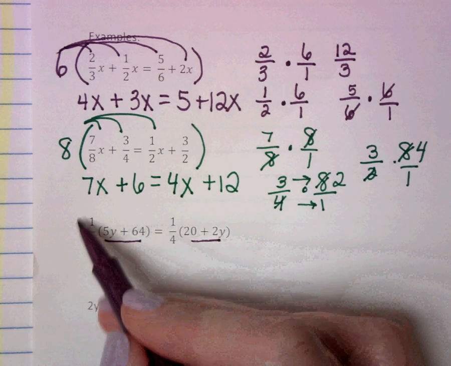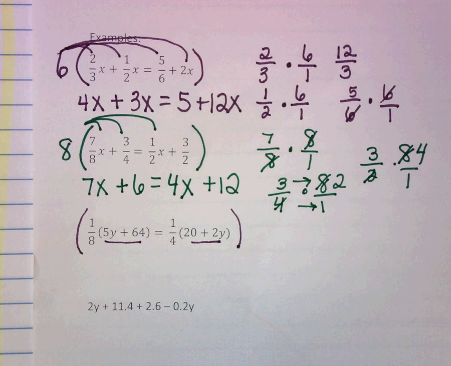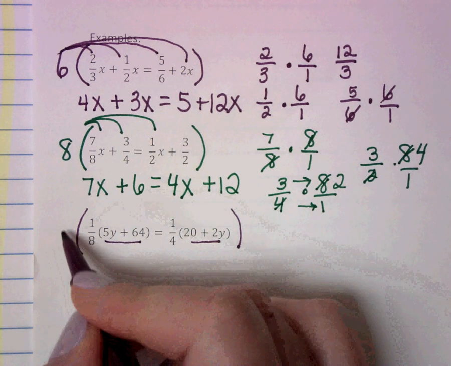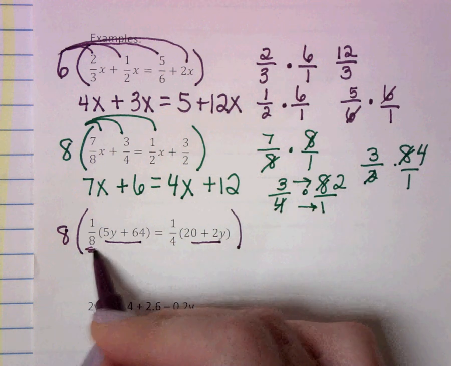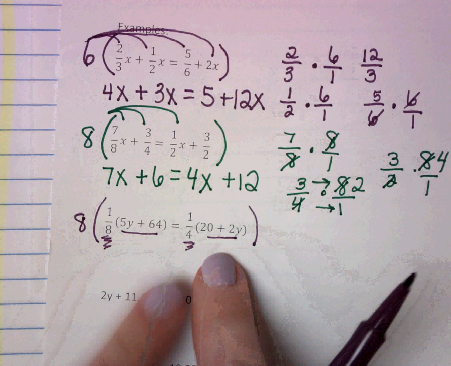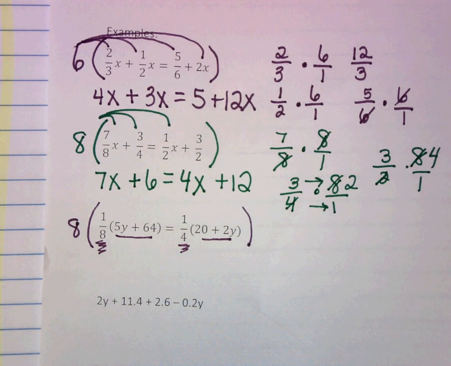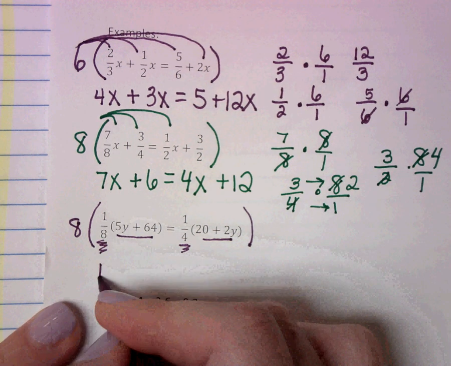So if I want to clear out the fraction without distributing first, my common denominator or multiple would be 8. And what I want you to see is that only the fractions get touched because everything else is protected by the parentheses. So 8 times 1/8 is just 1.